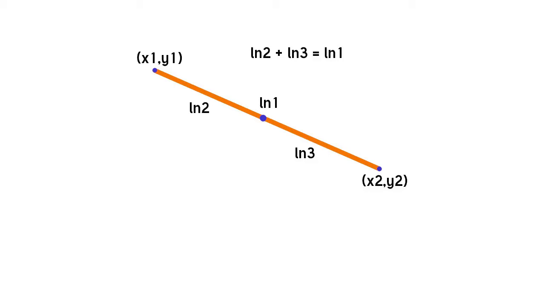The point that we want to intersect on ln1 is part of ln2 plus ln3. Once ln1 and ln2 plus ln3 become the same line, it means that the point intersects ln1, or the point collides with one of the points of the ln1 line segment.